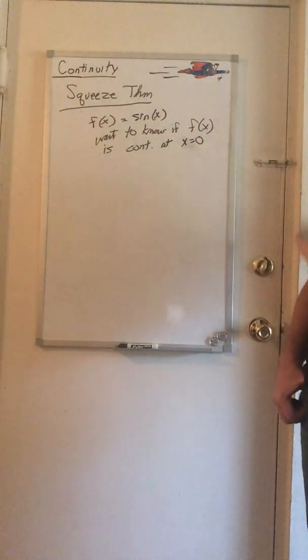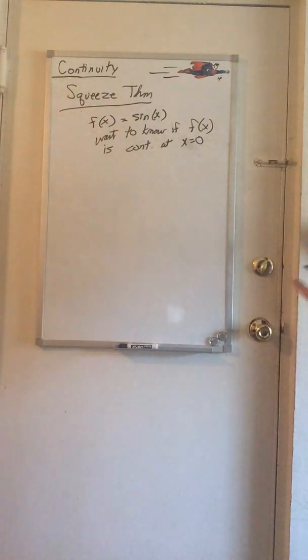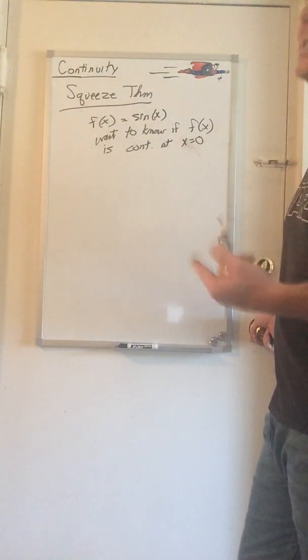Now again, I'll point out, if we know what the graph of the wave looks like, the continuity clearly works, so we're pretty much done. But for the sake of argument, suppose all I actually had was the unit circle.